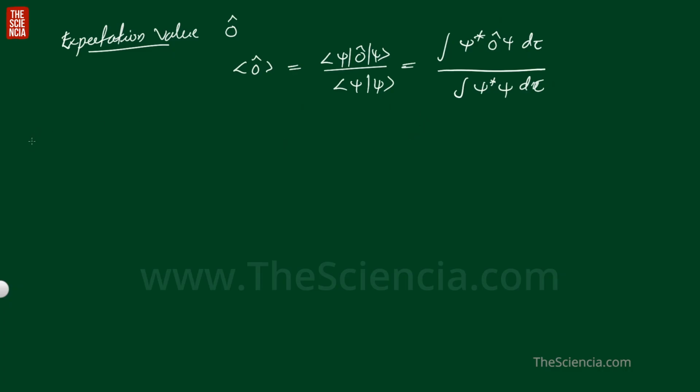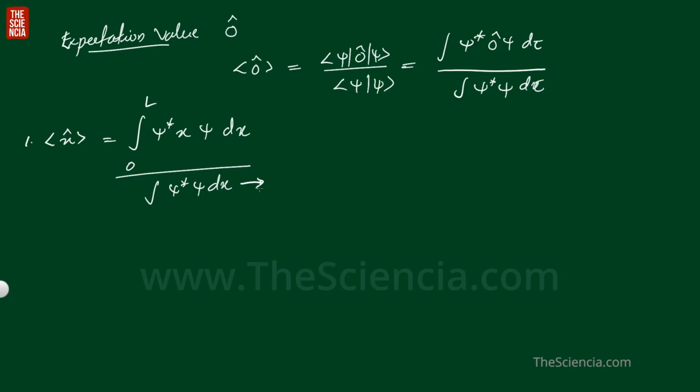So here I want to find out the expectation value of x operator. So what do we get? This is equal to integral 0 to L, because 0 to L is the region where the particle is present, into psi star x psi dx divided by integral psi star psi dx. Here this one is an already normalized wave function, so this value definitely will be equal to 1.